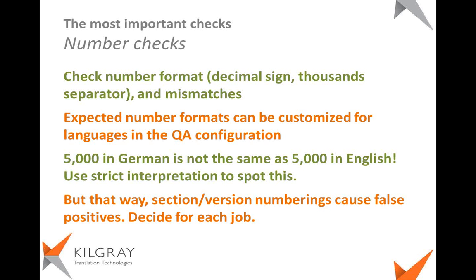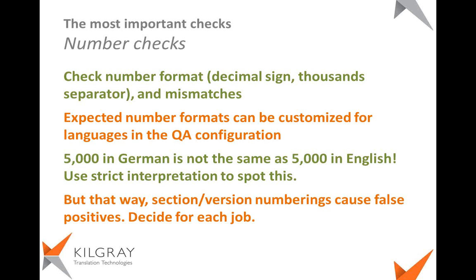One thing that I haven't experimented with yet, because tweaking and going into the depth of QA, especially of number checks, is Gergo's department, not mine, is that you can turn strict interpretation on or off if you want MemoQ to enforce this comma versus space or comma versus point check.